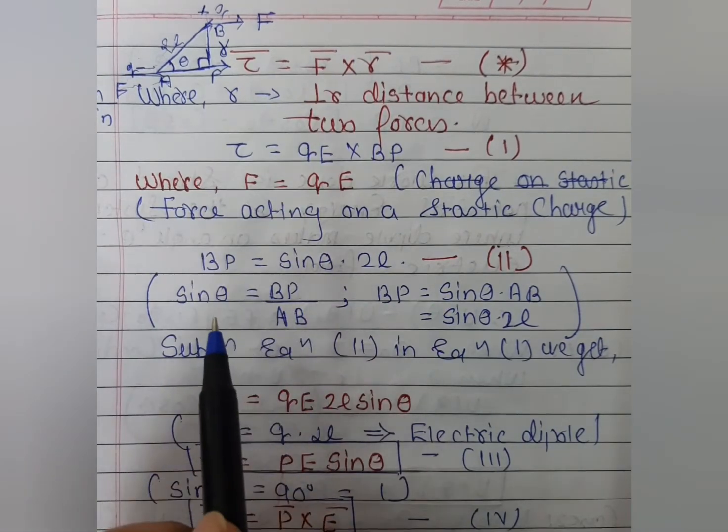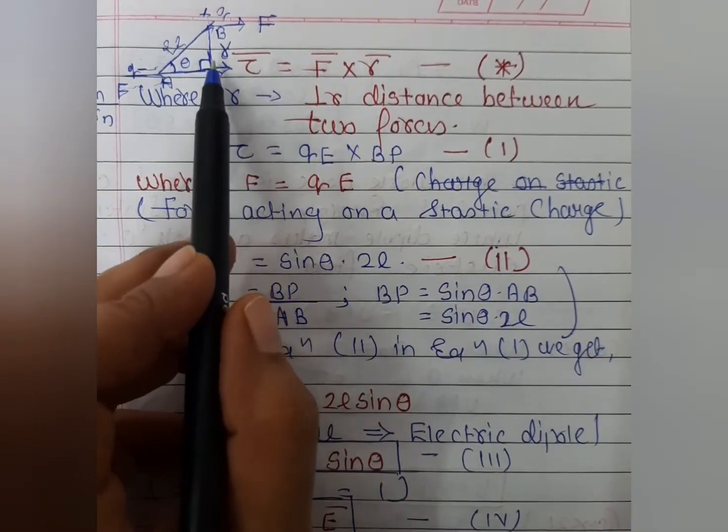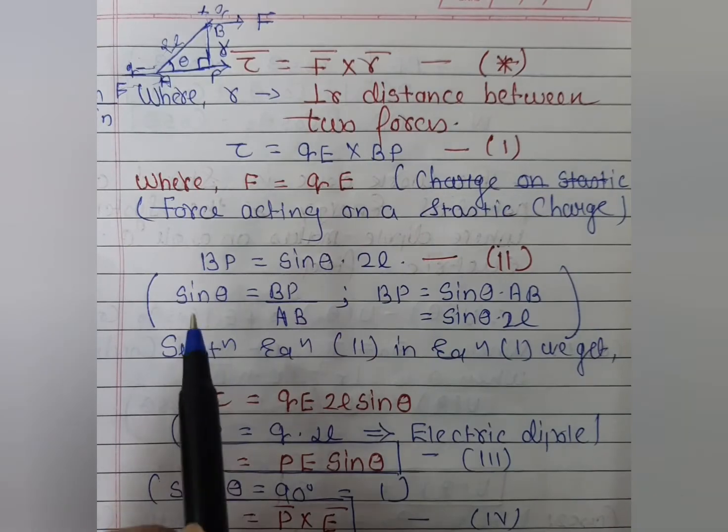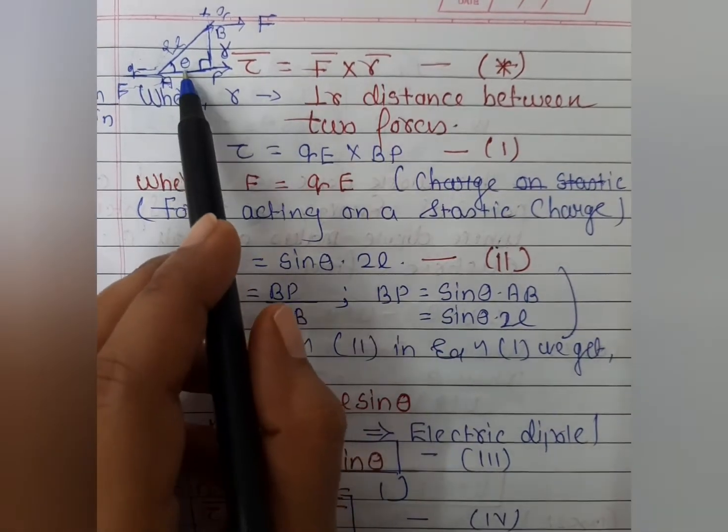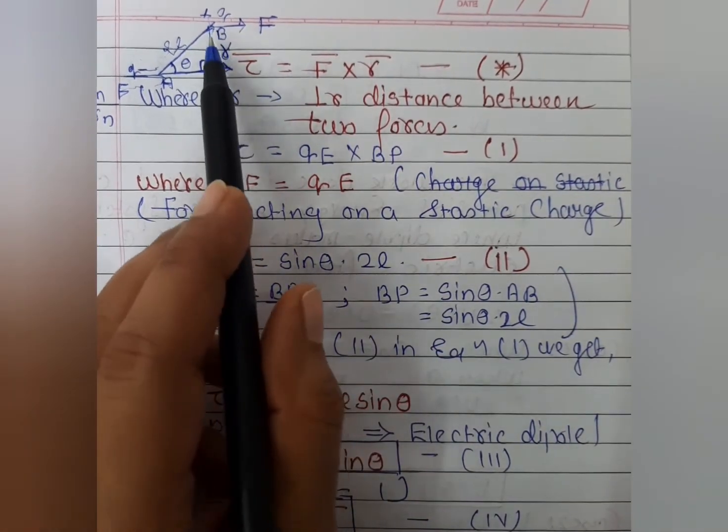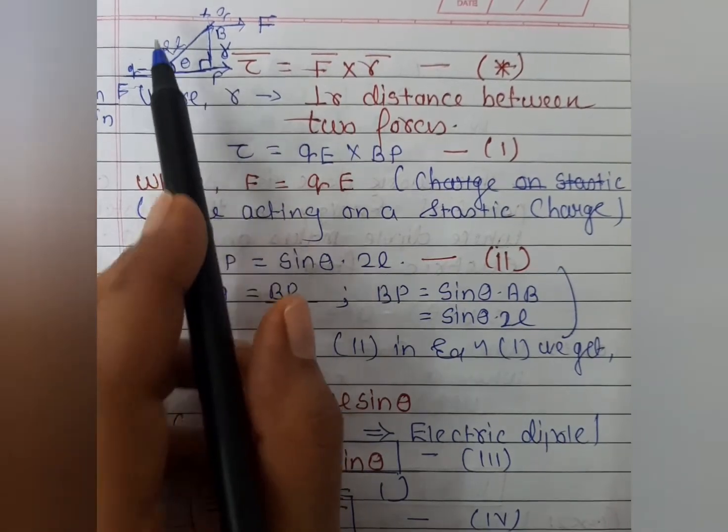So we have to find this perpendicular distance. How do we get it? We have to find the height, so we are using the trigonometric formula. Sine theta, because the side opposite to theta is the height. Sine theta is opposite over hypotenuse.